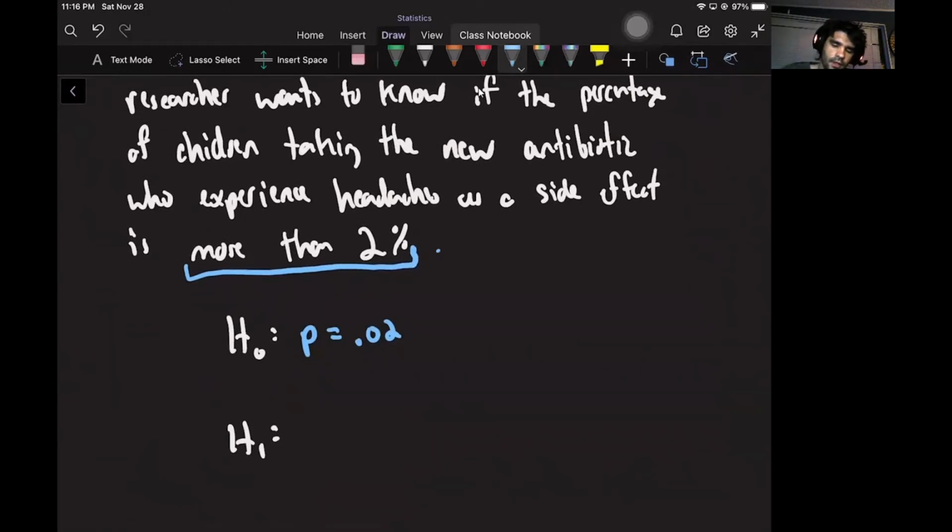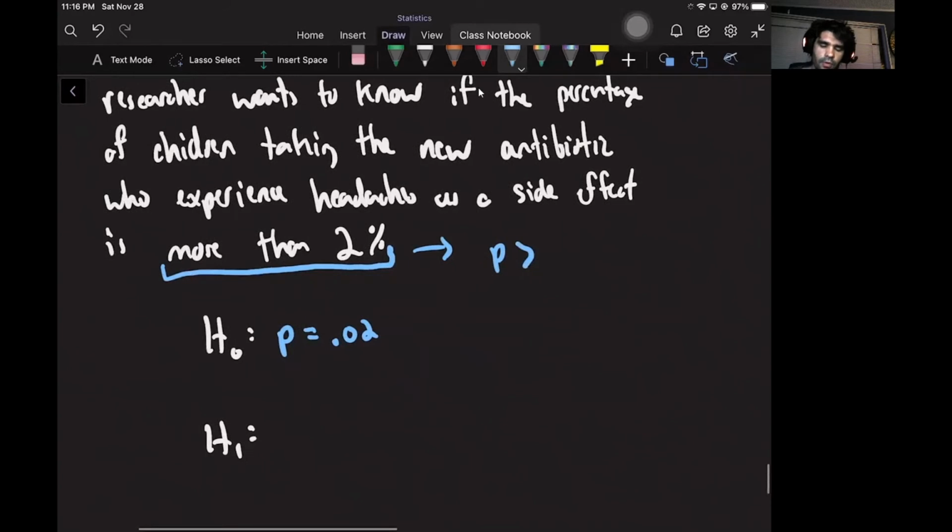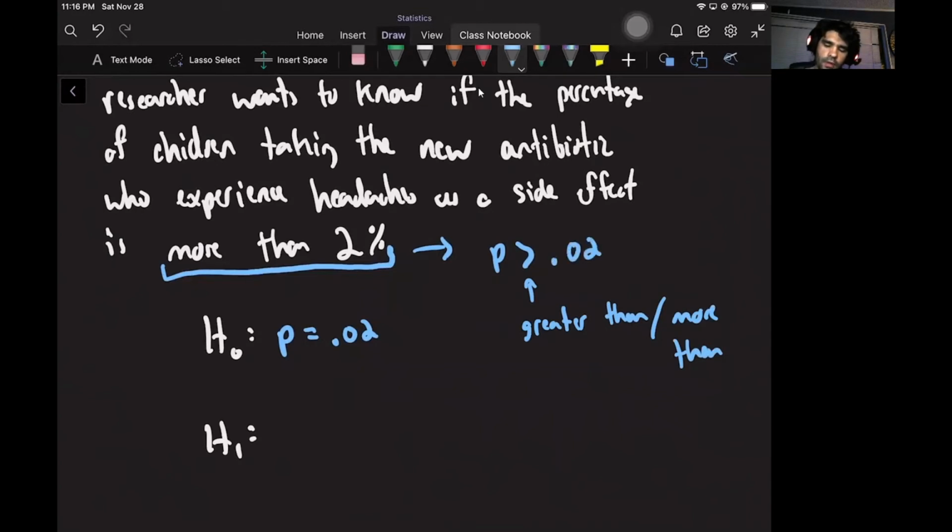So this is going to tell us that the alternative hypothesis, so what the researcher is checking to see if this happens instead, is that if the proportion is bigger than, which we write with this symbol, greater than, or you could think of it as more than, they want to check if that's bigger than 2%. So they want to check that. And that tells us our alternative hypothesis. So, whoops, not equals, should be greater than.